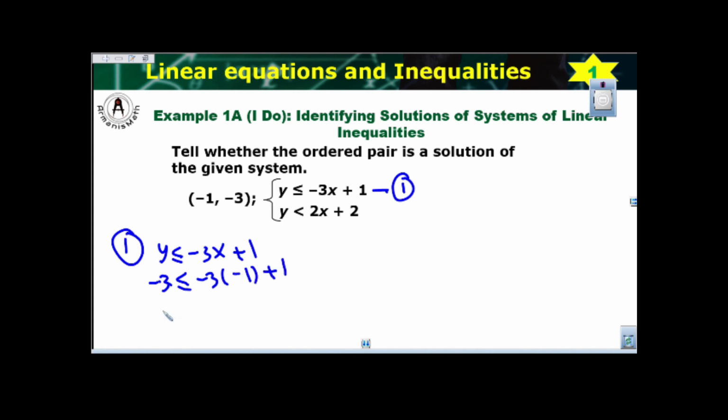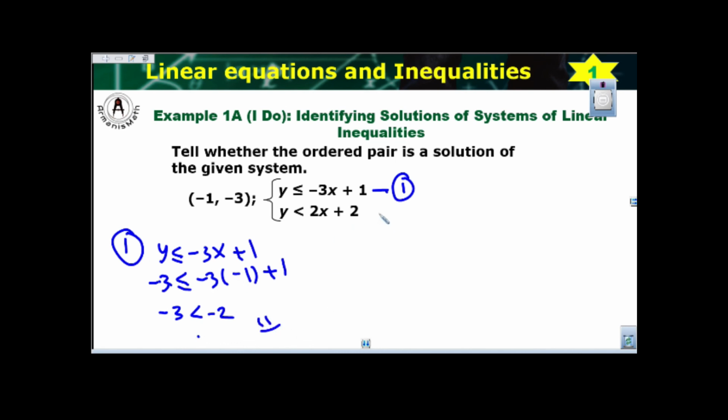I made a mistake earlier, this is actually -3. Then -3 is less than, this is a 3 plus 1, that's 4. Let's focus just on the less part. Is -3 less than 4 on the number line? Yes, it is. So that one would work.